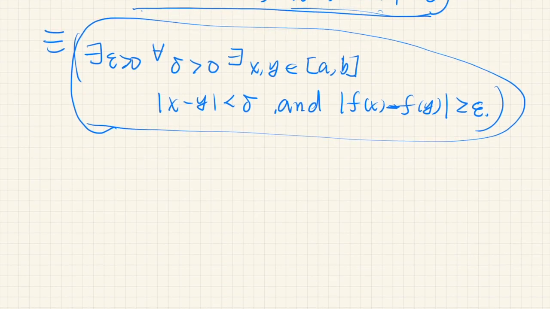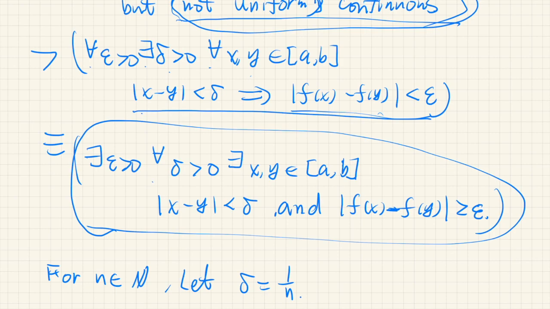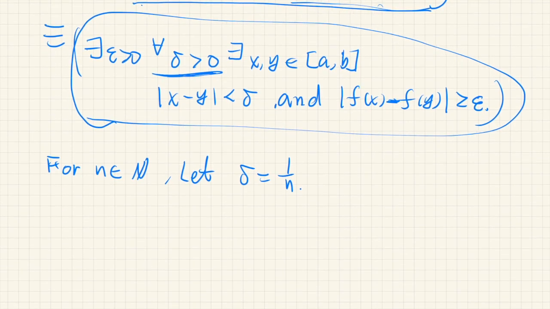Okay, now for each natural number n, let delta be equal to 1 over n. So this delta can be any positive number, according to our assumption.